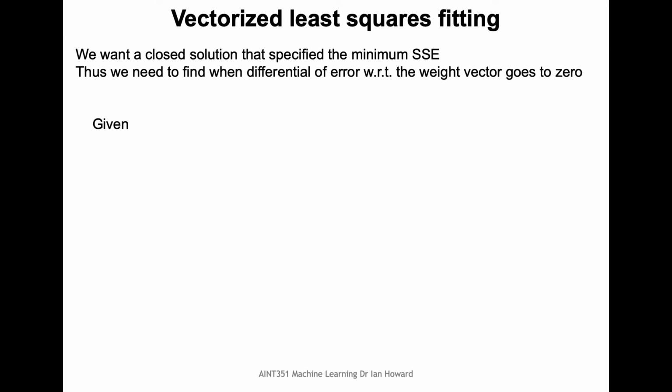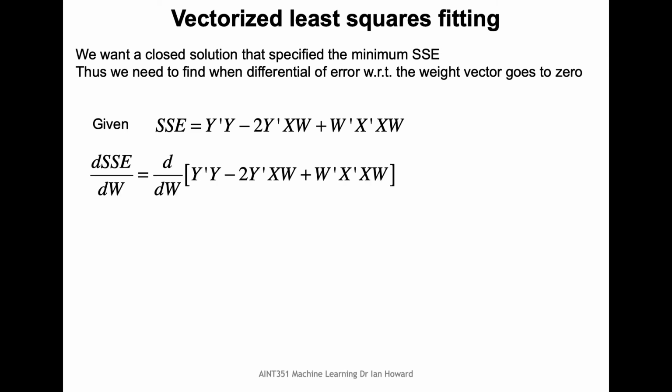So we've got our expression that we just derived, and we want to calculate the derivative of this error with respect to the weight vector, because we want to know all the values in the weight vector. So we calculate ddw of our expression.